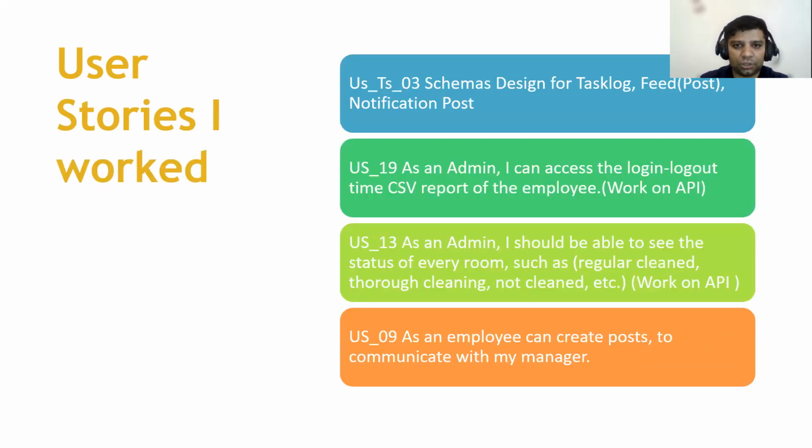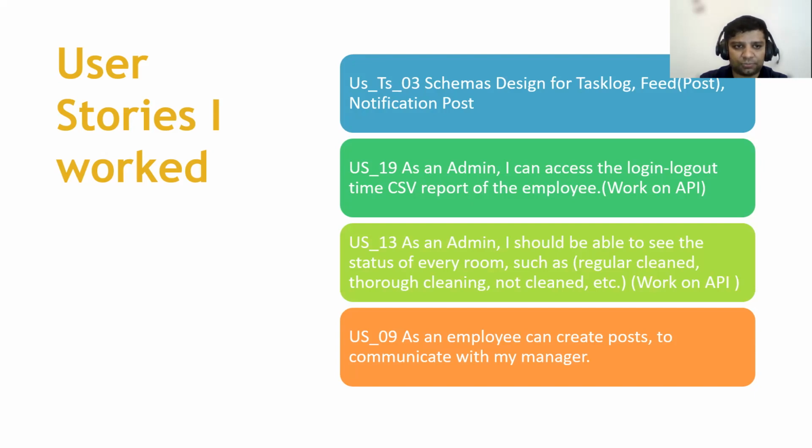Then in user story 3, I designed the schema for task log, post or feed, and notifications. Similarly, in user story 19, as an admin, I can access the login and logout time CSV report for the employee. I worked on the API part for this, and Amulya worked on the front-end design. Similarly, in user story 13, as an admin, I can see the status of every room, such as regular, thorough, and not clean.